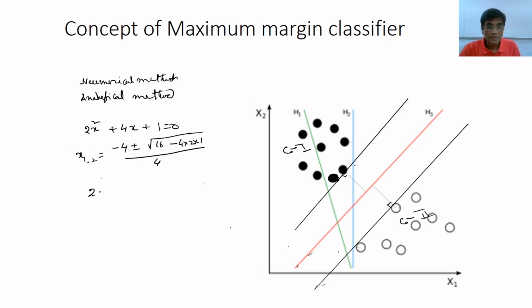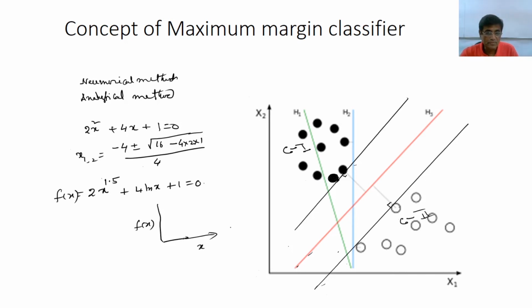Now let us see, instead of 2, I put 1.5 plus 4 log x plus 1 equal to 0. Still there is one variable x, but this you cannot solve analytically. So you have to take the help of numerical methods. So you just know all these things, right? So f of x, you are trying to figure out for which value f of x will be 0, and you are trying to find that point by iteration.